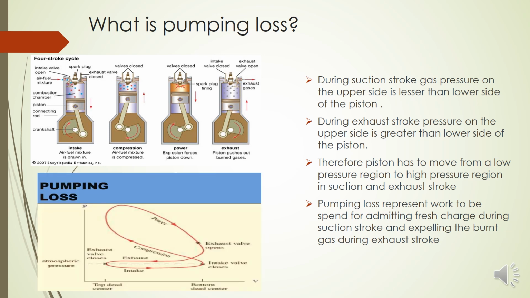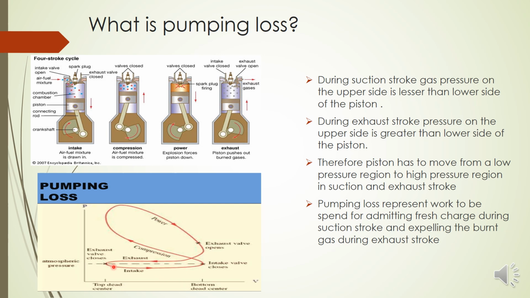You can see this is the actual PV diagram of an Otto cycle, a petrol engine. Compared to the theoretical PV diagram, we can see another loop at the bottom. This loop is known as the pumping loop.